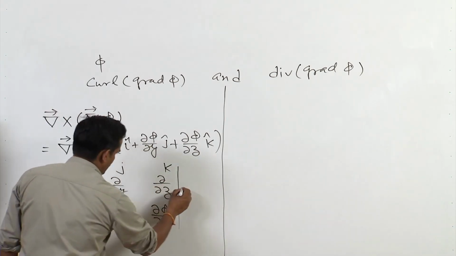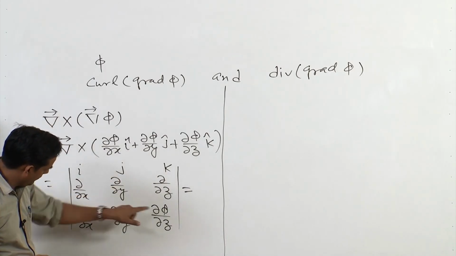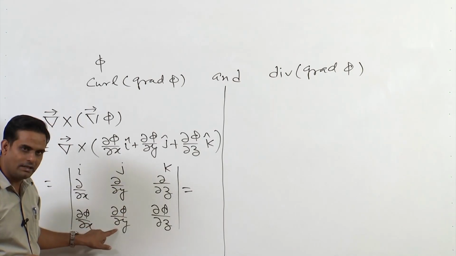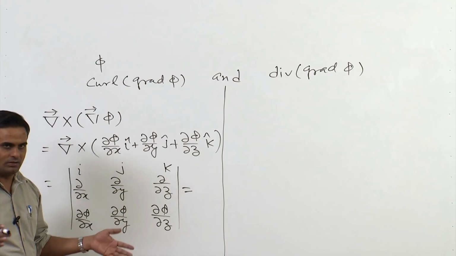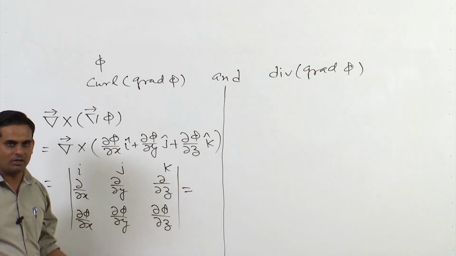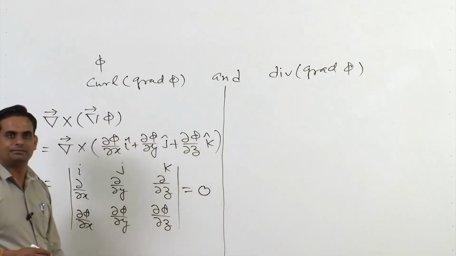Now if I compute this, the i component will become del 2 phi over del y del z minus del 2 phi over del y del z, so 0. The j component will again be 0 and the k component will be 0. So it comes out to be 0.